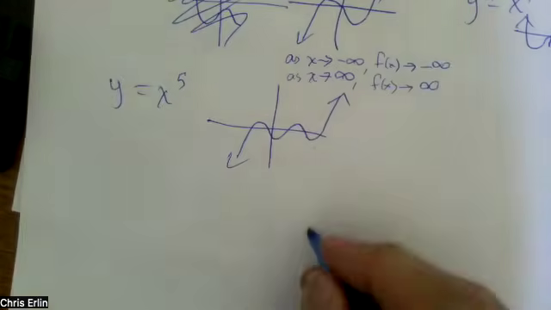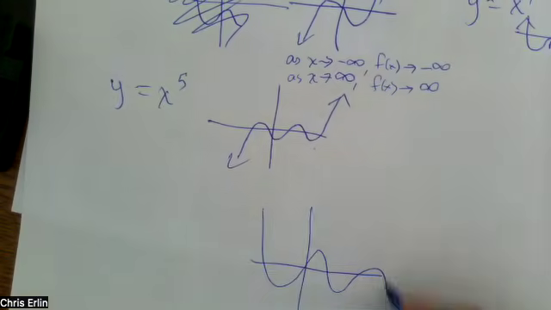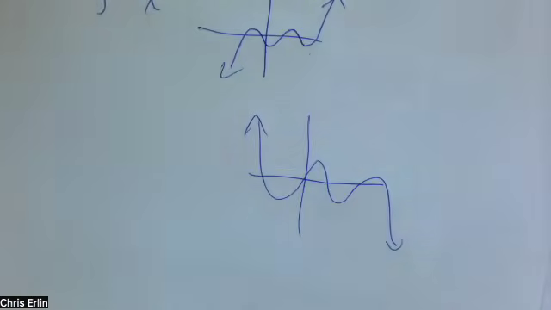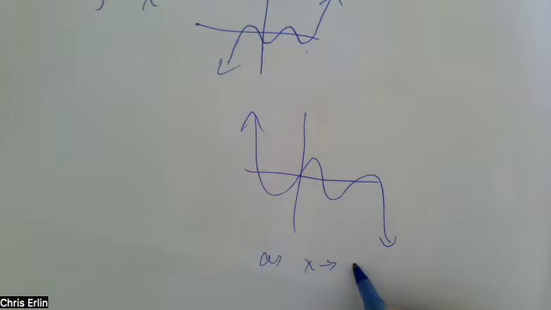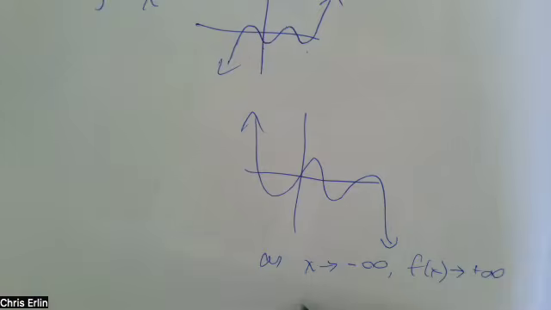What if I gave you a function that looked like that? As x approaches negative infinity, f of x approaches what? Good, positive infinity. And as x approaches positive infinity, f of x approaches what?